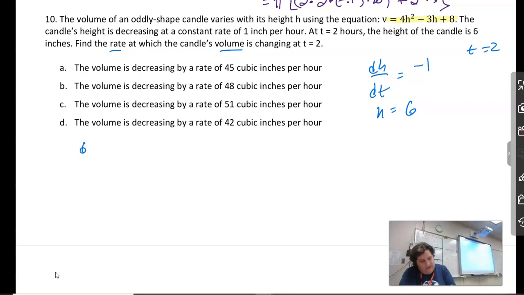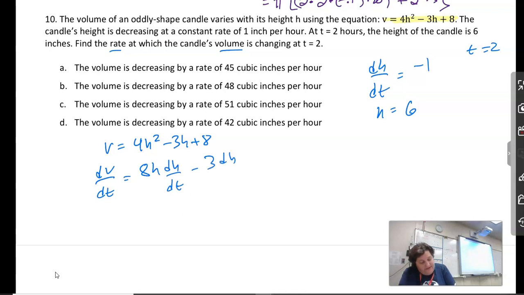All right. Let me put my volume equation down here. So my volume was 4h squared minus 3h plus 8. So dV/dt is 8h dh/dt minus 3 dh/dt.